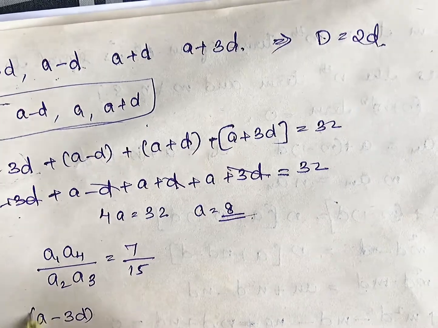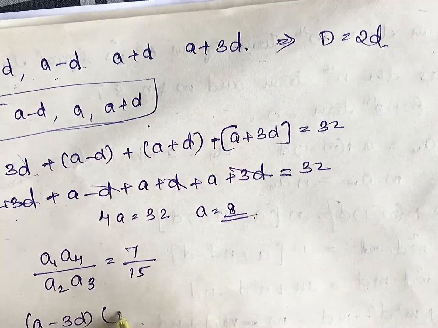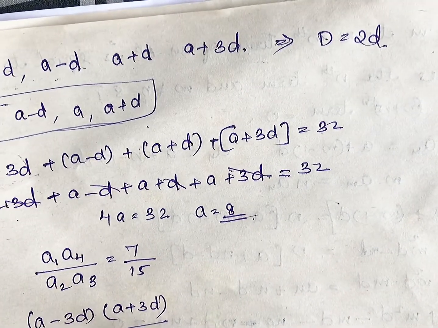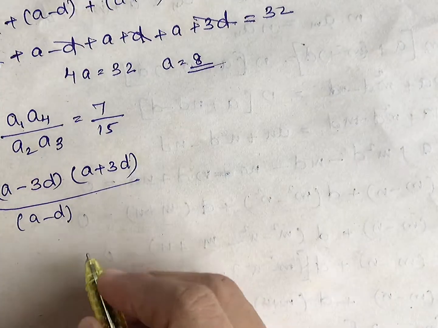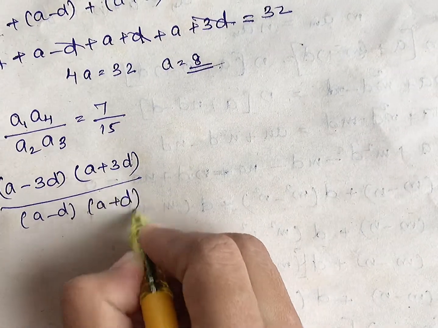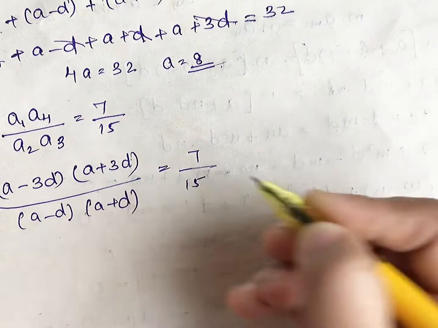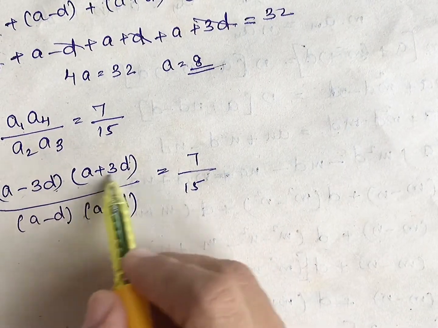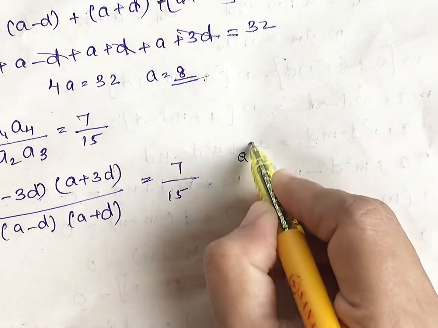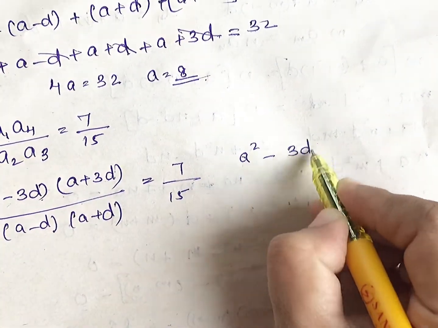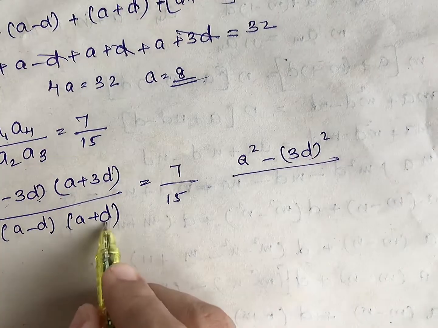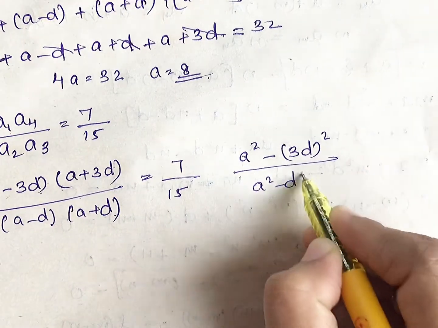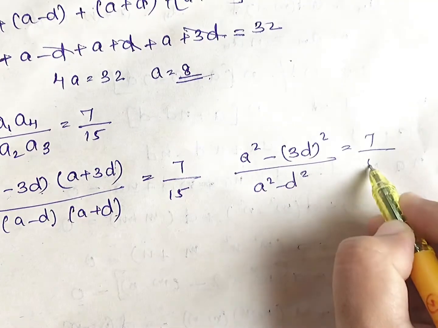Therefore a minus 3d into the fourth term, a plus 3d, by a minus g into a plus g, would give 7/15, right? Therefore this is in the form a plus b into a minus b, that is a square minus b square. That is a square minus 3d the whole square by, it is again the form a plus b into a minus b, therefore it is a square minus g square is equal to 7/15.